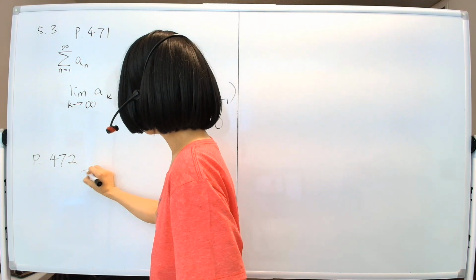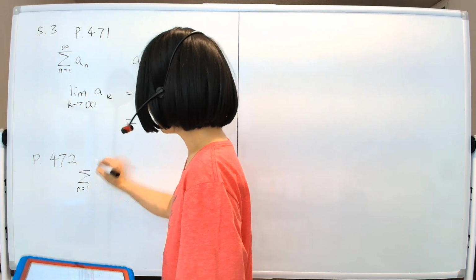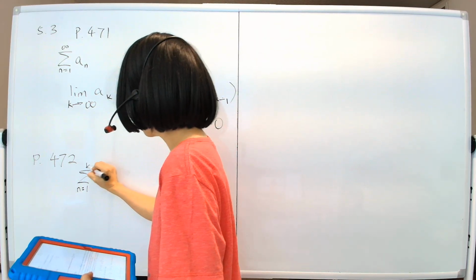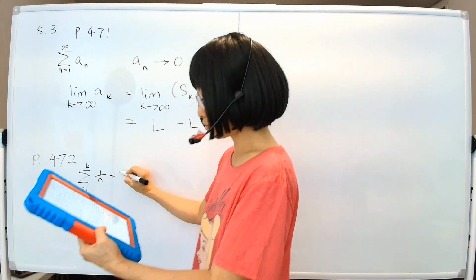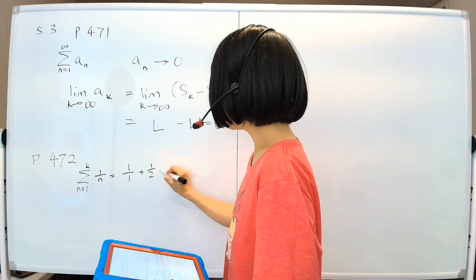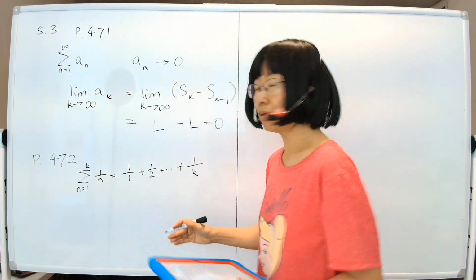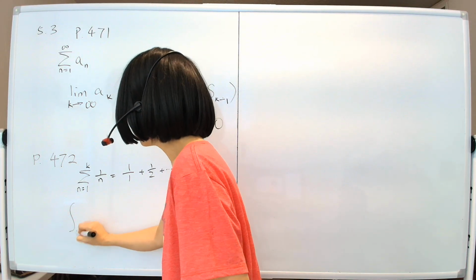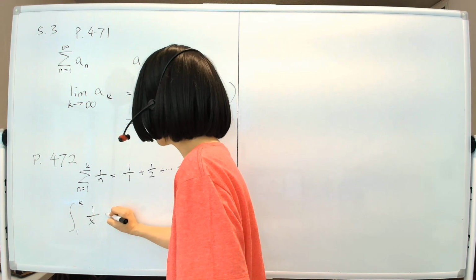The harmonic series goes from n equals 1 to infinity, but right now we'll just consider the partial sum sk, which is 1 over 1 plus 1 over 2, and so on, going all the way to 1 over k. We're also going to consider the integral from 1 to k of 1 over x dx.